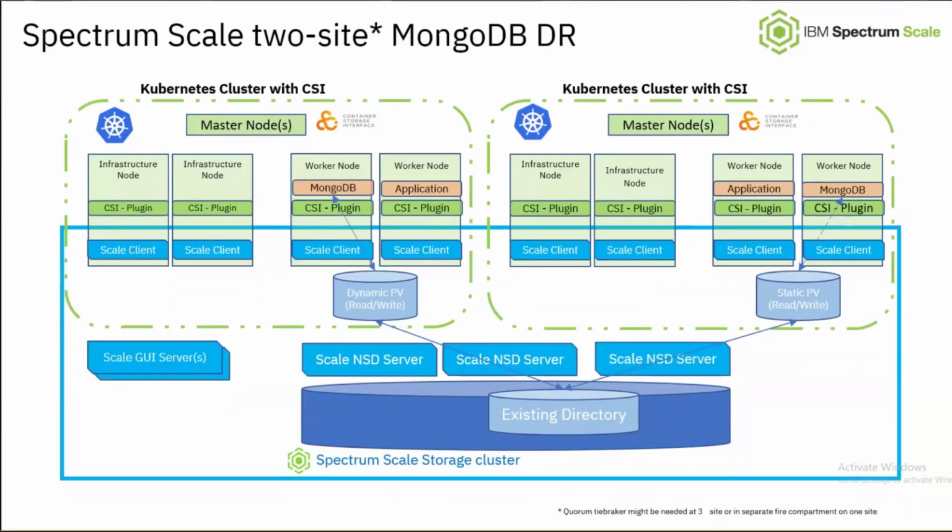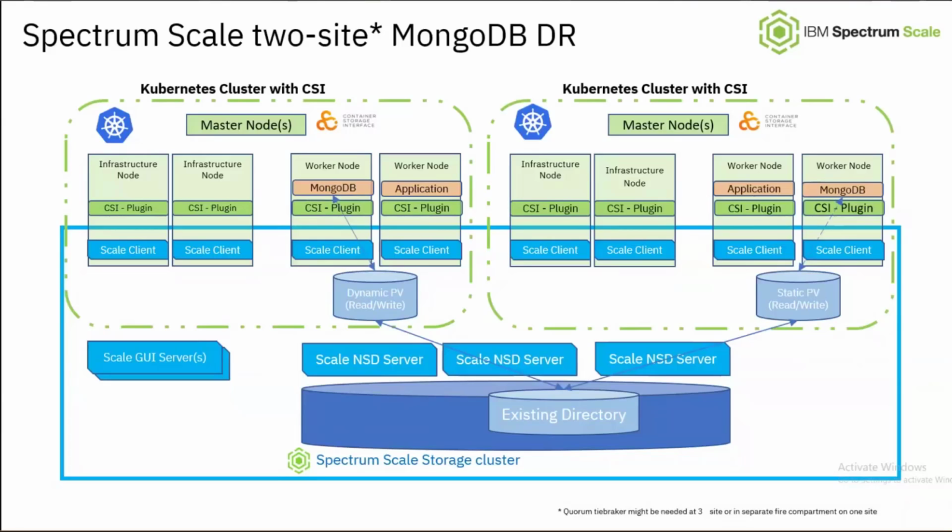So let's consider the left-hand side as the active environment and the right-hand side as the passive in case a disaster occurs. On the left-hand side, we provisioned MongoDB and the underlying storage, and the underlying storage got provisioned in a dynamic manner, so it does not need to be static on both sides.